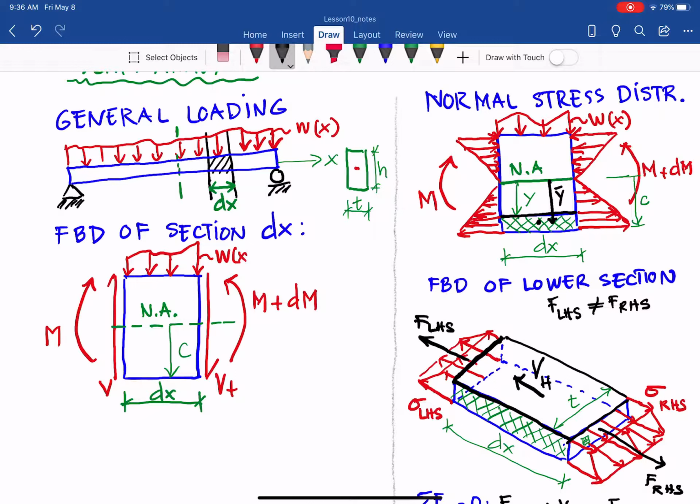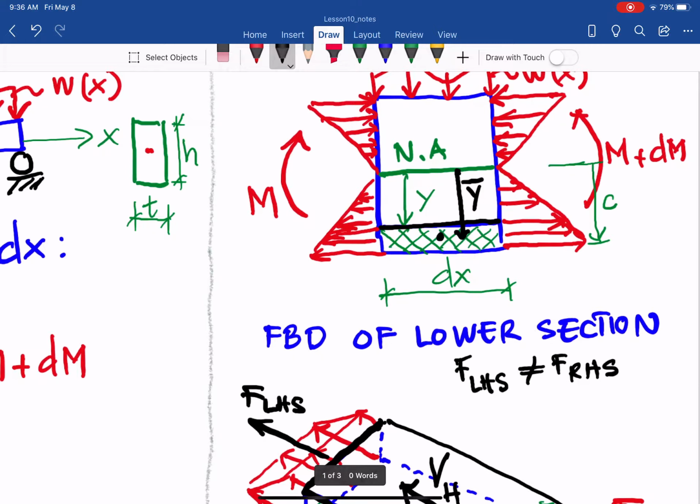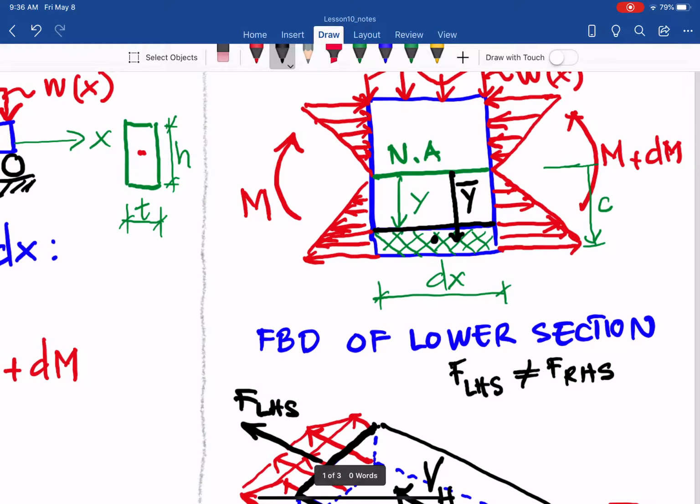So you see the difference between y and y bar, which is very important. Y is from the neutral axis to the point of interest, the black surface that I cut. Y bar is also from the neutral axis, but goes to the centroid of the outward area. So y bar and y are not the same. Keep that in mind in the definition.